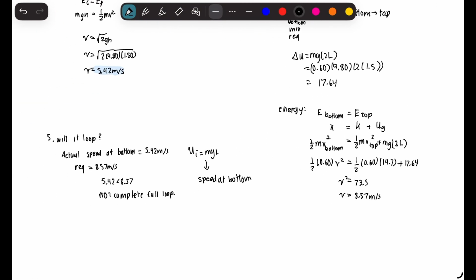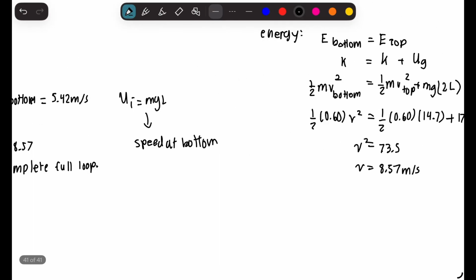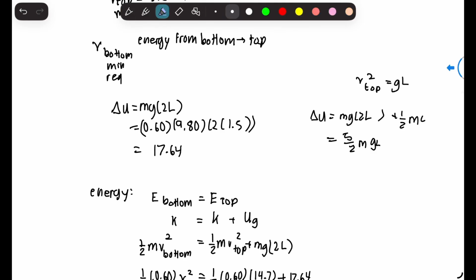We have here our delta U. I could just rewrite this as plus 1/2 mgL, 5/2 mgL, by subbing in this.